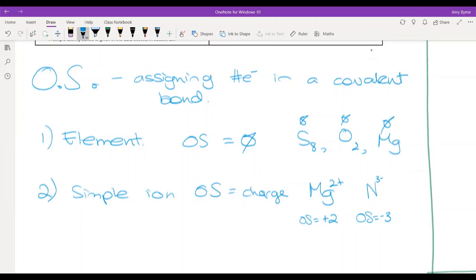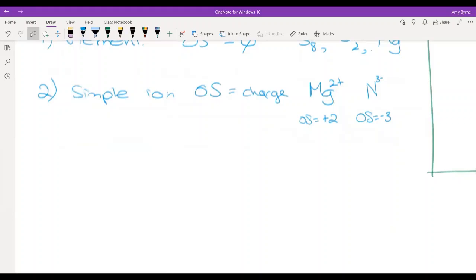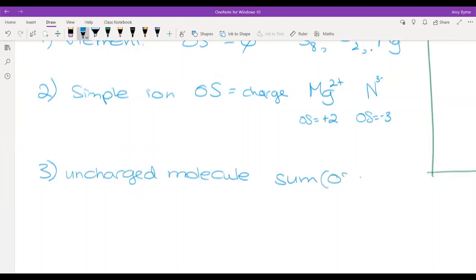So Rule 1 was talking about elements. Rule 2 was talking about simple ions. Rule 3 is when we start getting into molecules. So if it is an uncharged molecule, the sum of the oxidation states is going to equal 0.